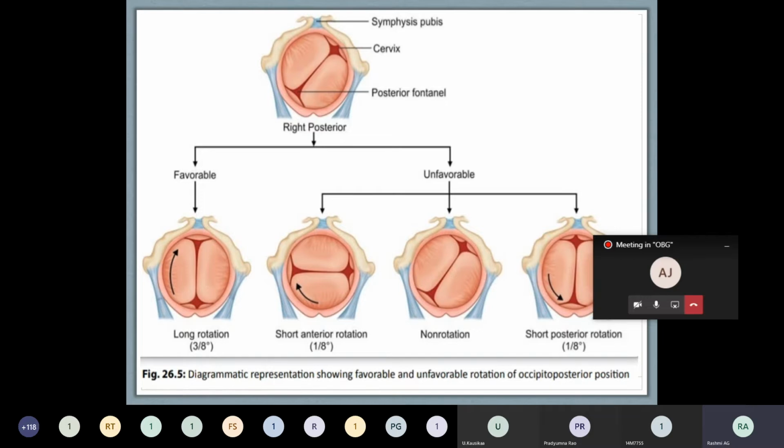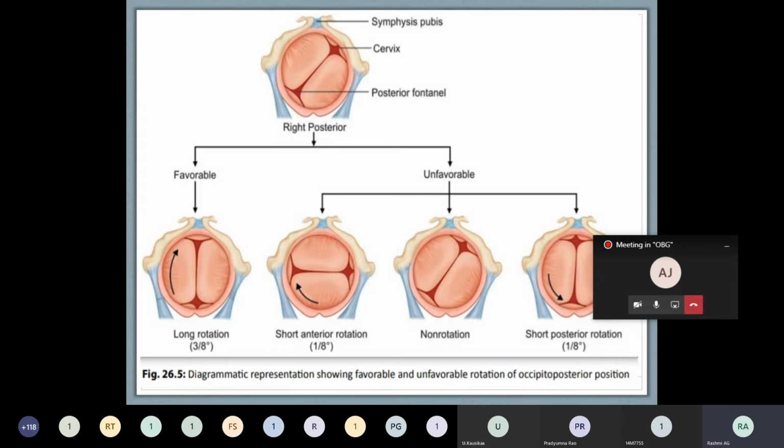Whereas there are three things which can occur. One is if there is mild deflection, there is a very short anterior rotation, that is 1/8 of the circle, so the occiput lies directly in the transverse position. This results in a deep transverse arrest.